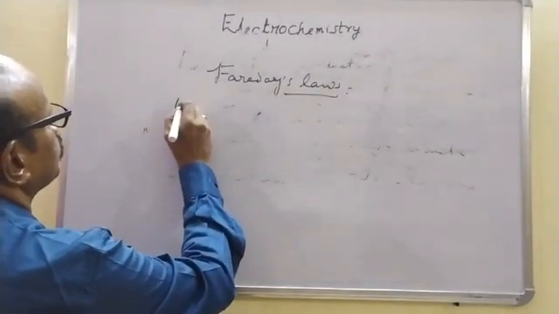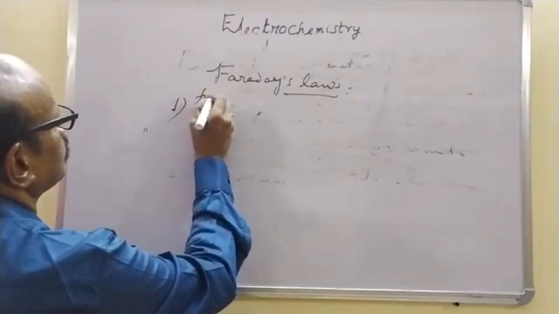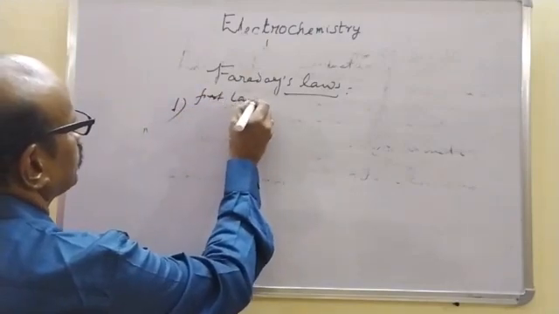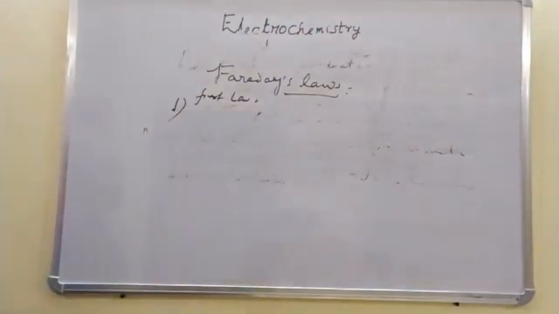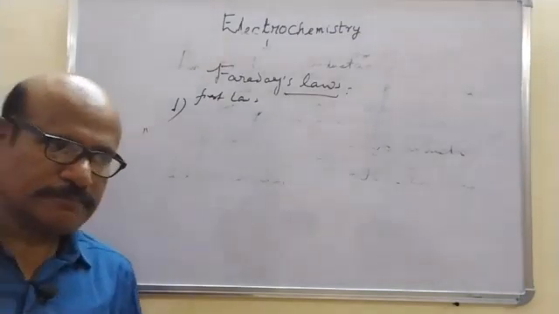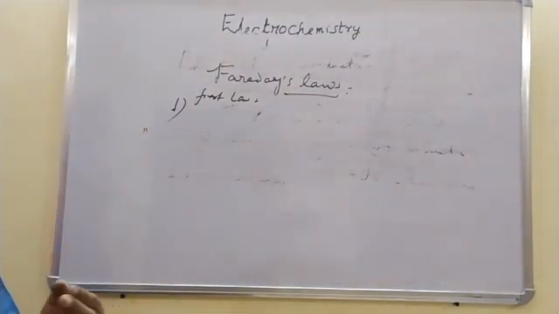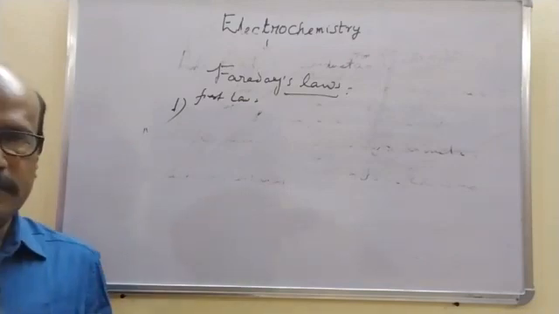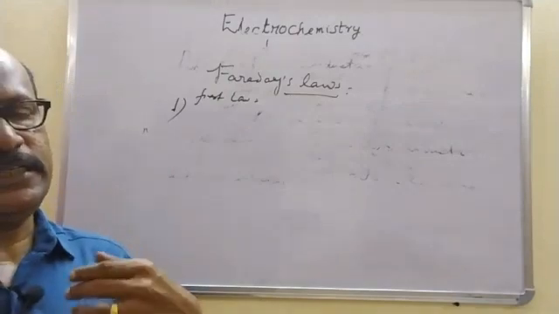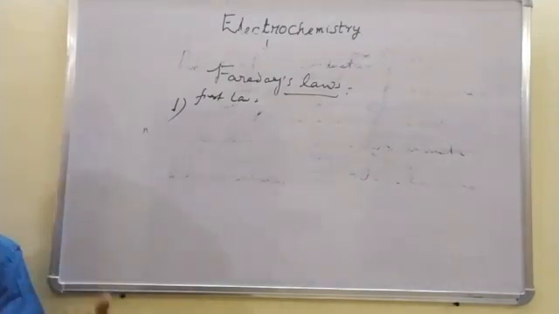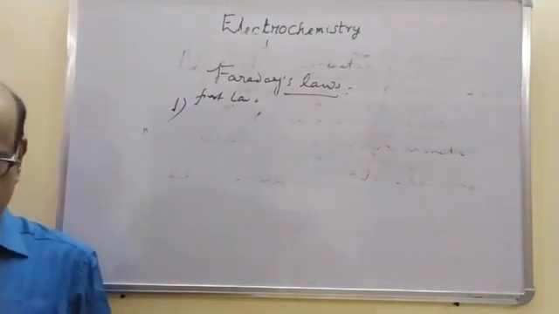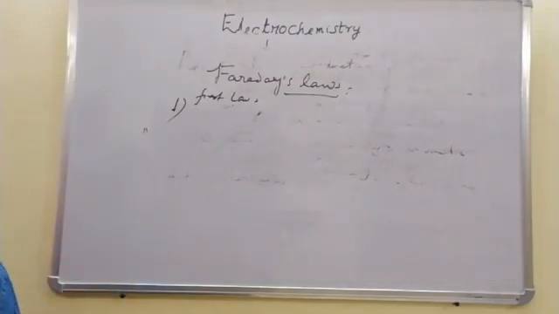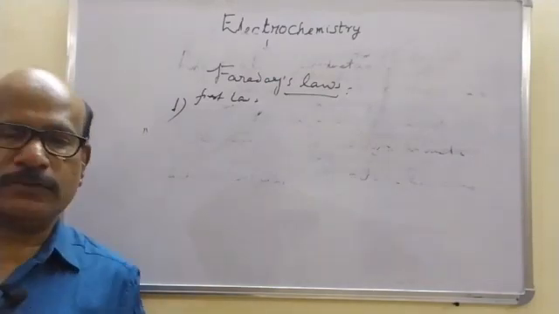First law. It states that the mass of each substance deposited at each electrode is directly proportional to the quantity of electricity passing through the electrolyte.